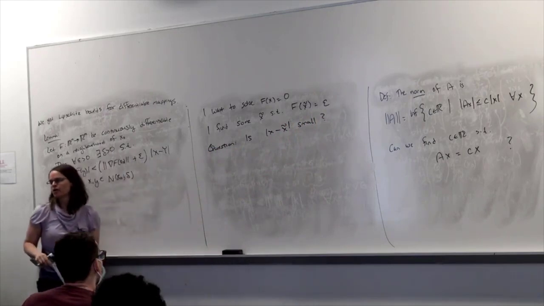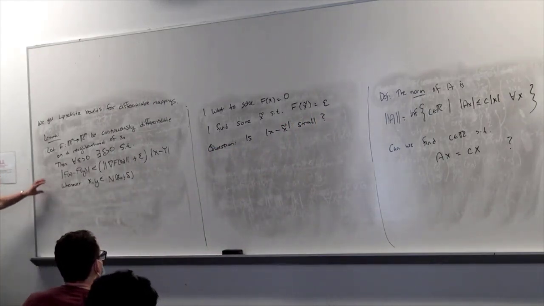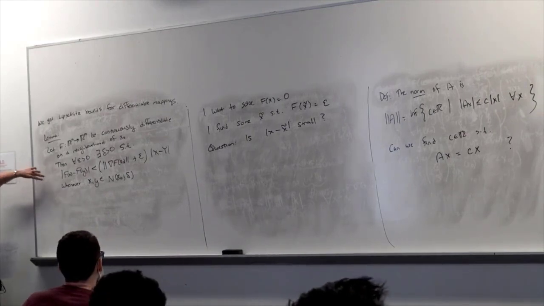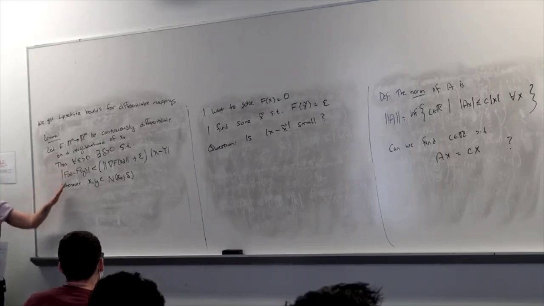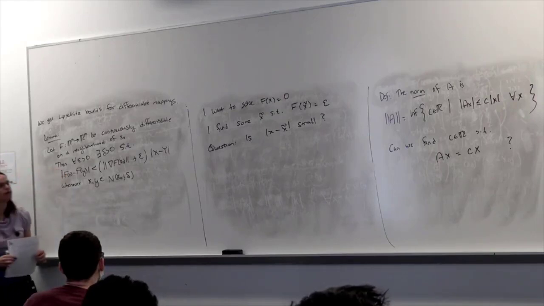And if it is, how small? Can I quantify it? So that's why I would like to have something that says the length of x minus y is less than some constant times f of x minus f of y, because then I could say my error is small. If this is epsilon, then my error is less than some constant times epsilon.